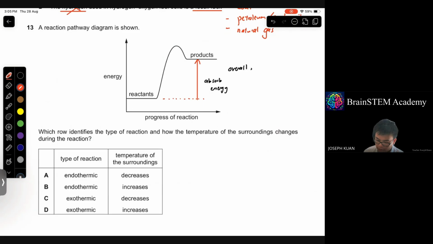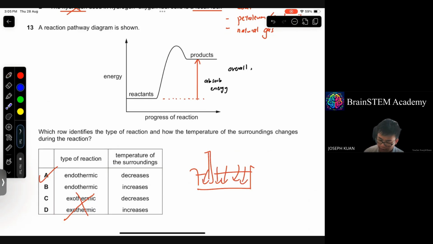Therefore, it must be endothermic. And as we know, endothermic reactions involve a decrease in the temperature of the surroundings because the chemicals will take in energy from the surroundings, causing a sharp decline in the temperature recorded.